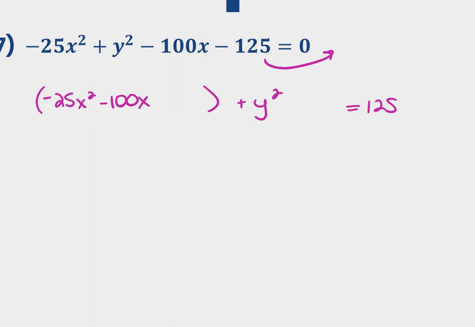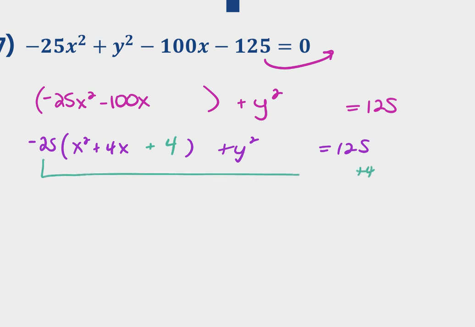Now I take out the negative 25, and this becomes x squared plus 4x. I take the 4, divide it by 2, that's 2, square it, it's 4, so I add the 4 inside the parentheses. And I would normally add 4 to the 125, but I have to multiply by negative 25 first.